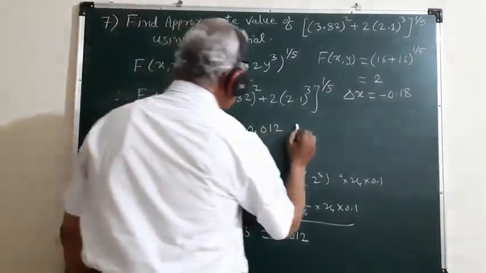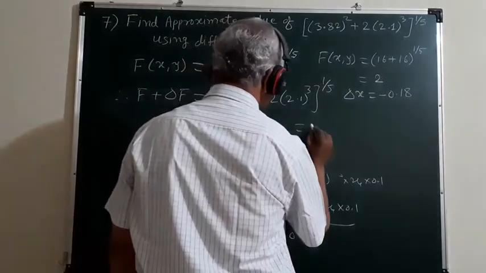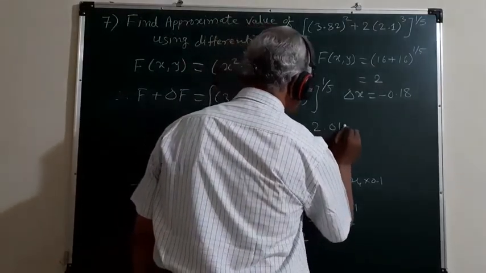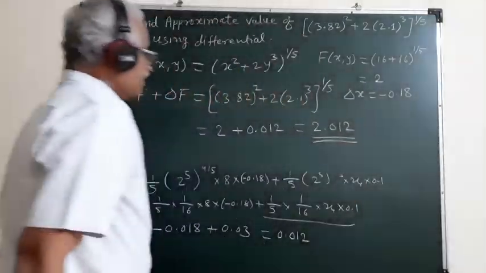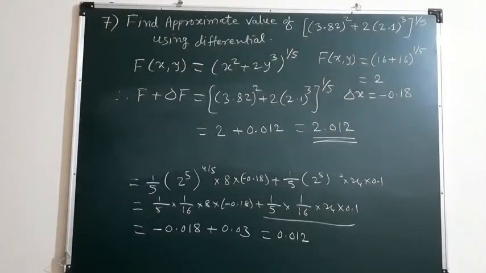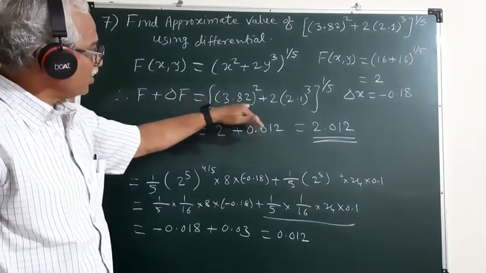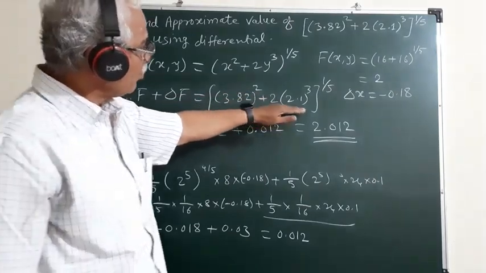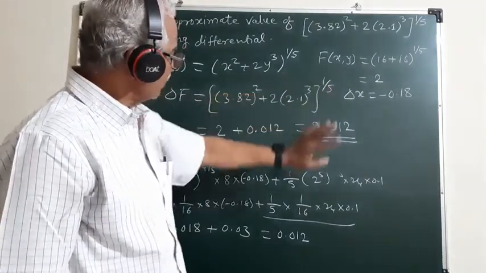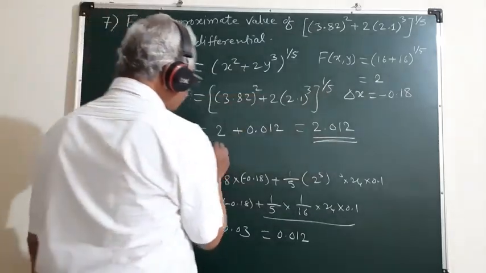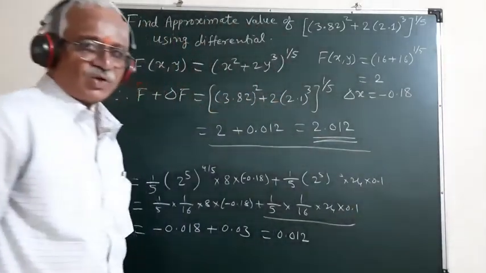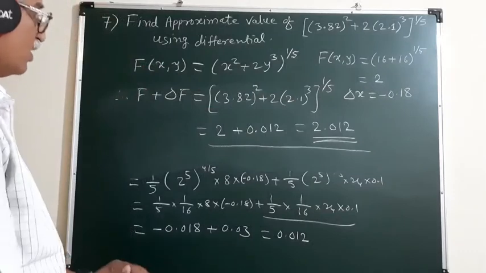So the value of this function works out to be equal to 2.012. So this is the approximate value of the given function.